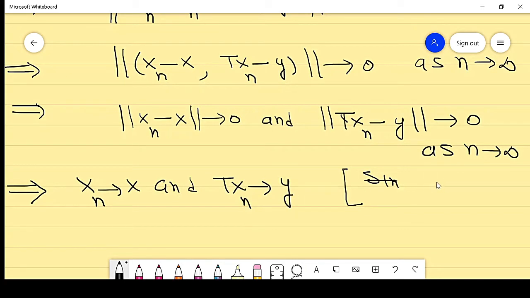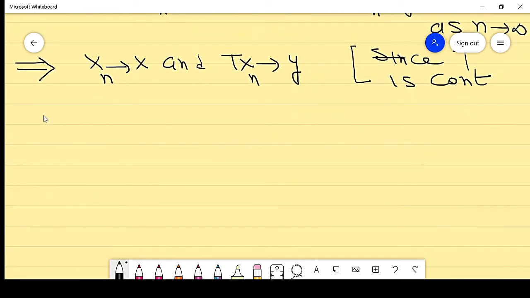Now we know that since T is continuous, by definition of continuity, if xn approaches x, then its image approaches its image.